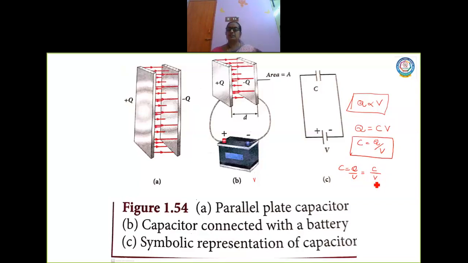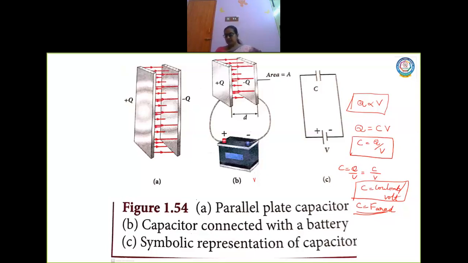So, the unit for capacitance is coulomb per volt. But there is also another unit for capacitance, which is called farad. This unit is in remembrance of the scientist Michael Faraday. So, the unit of capacitance was also named farad.